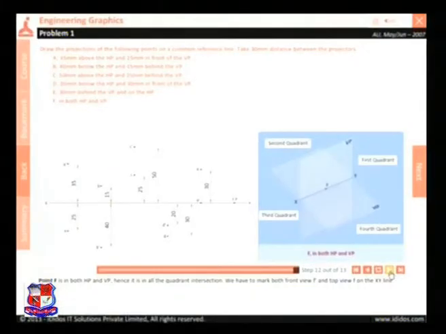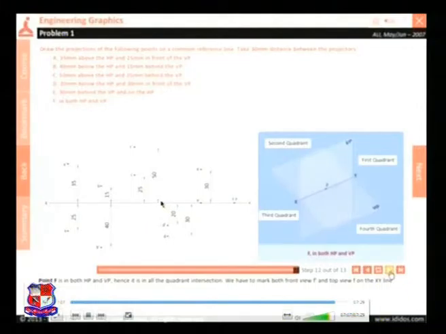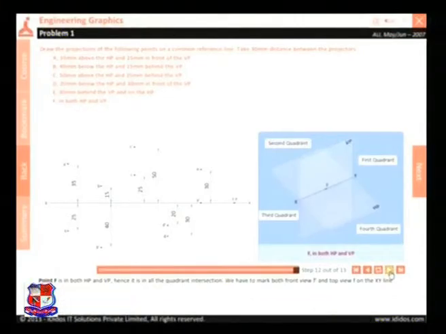But any time it says in HP or in VP, that point will be considered on the XY line itself. Now we will see the further solution on the same. Thus, the projection of points were drawn as per the given conditions on the common XY line by keeping distance between the projections as 30 mm.